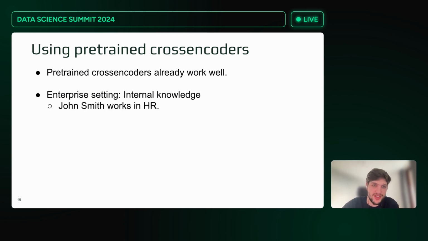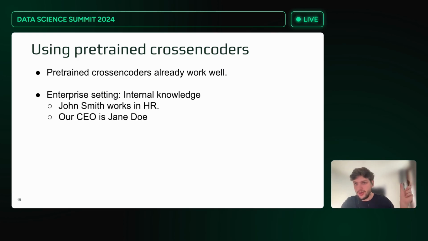So, for example, John Smith works in HR. This is the connection between John Smith and HR-related content. So if John Smith appears in the search query and we have HR-related content, that's a good match. That's not obvious because John Smith working in HR is not public knowledge. The cross-encoder has never seen that knowledge, right?